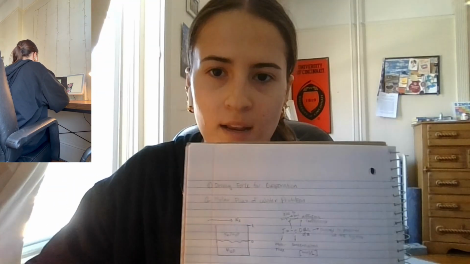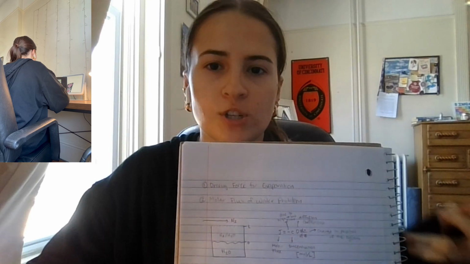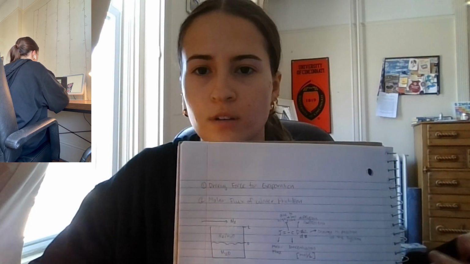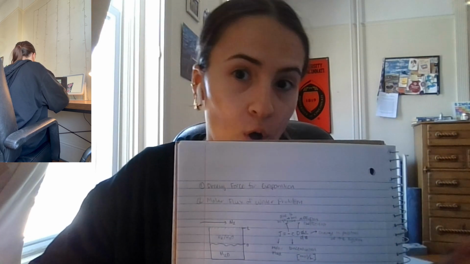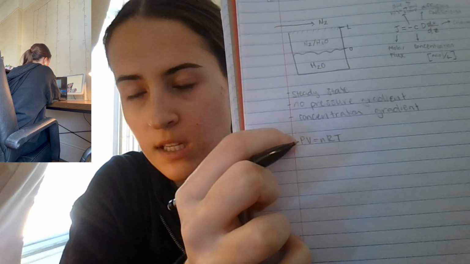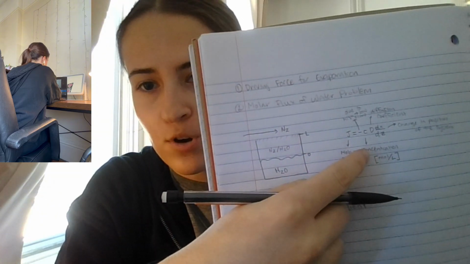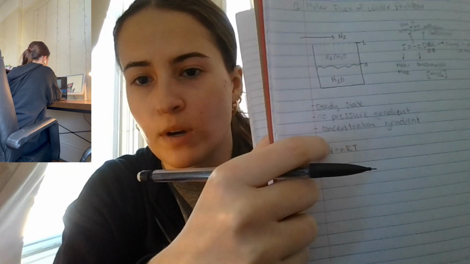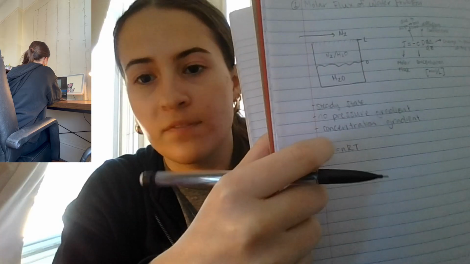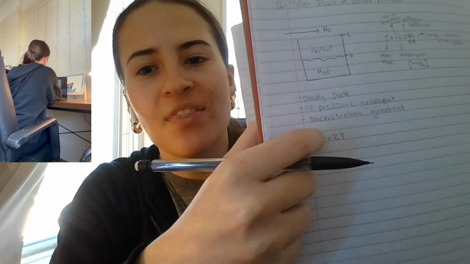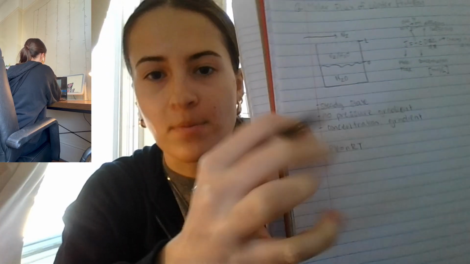So we're looking at how many moles we have in a certain volume. And then we have our PV equals nRT here. If we want to solve for concentration using this equation, we can recall that V is volume, and N is the number of moles.